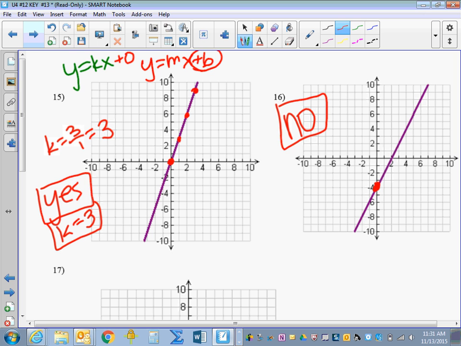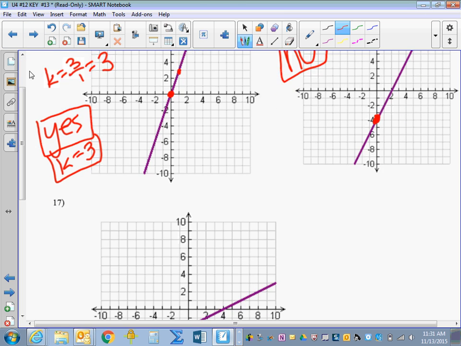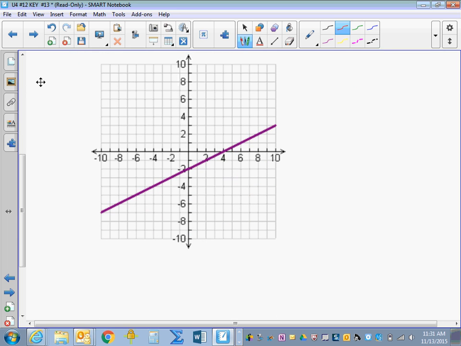Again, my equation up here, y equals k times x, has a y-intercept of 0, so it cannot have a different y-intercept in order for it to be a direct variation. Alright, and then number 17. Again, the first question is, does this have a y-intercept of 0? Now look, my y-intercept is -2. So again, immediately I know that no, this is not a direct variation. It must have a y-intercept of 0.